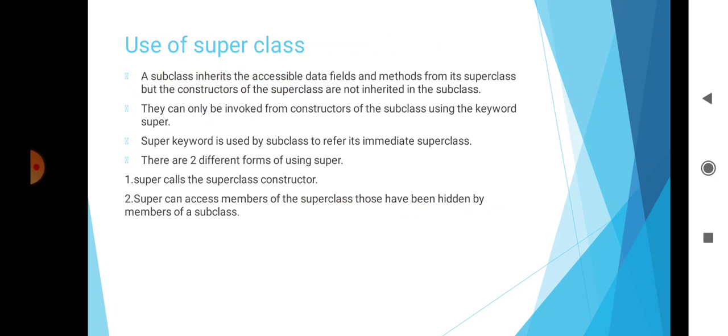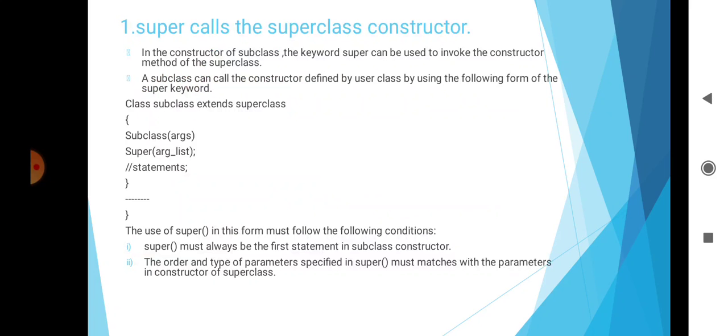Then first we will see the first form, super calls the superclass constructor. In the constructor of a subclass, the keyword super can be used to invoke the constructor method of the superclass.